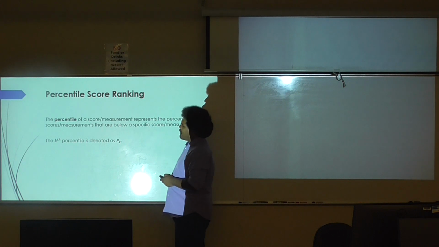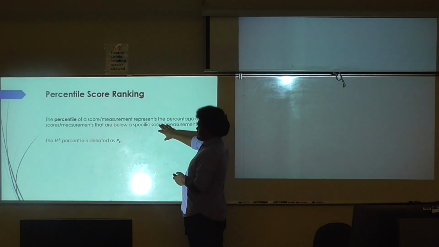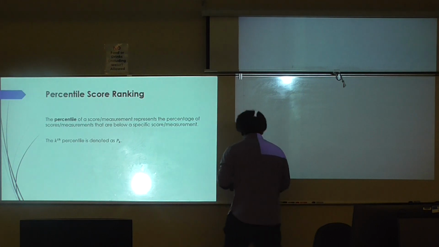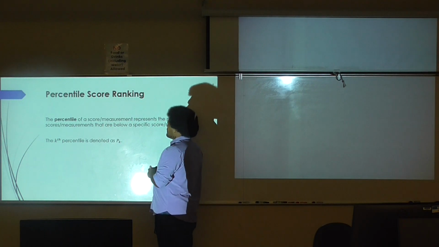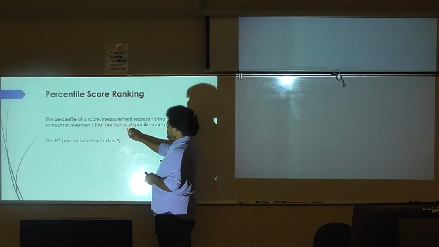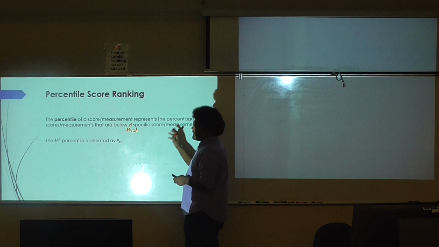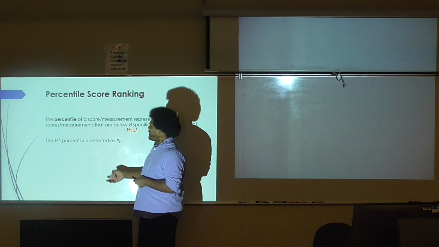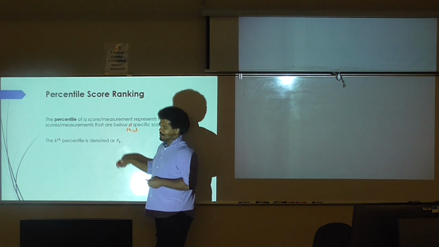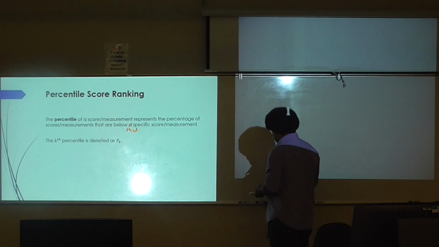The percentile of a score or measurement represents the percentage of scores or measurements that are below that specific score or measurement. So we say that this measurement is the K percentile of the data. It's also denoted as P sub K, P_K.